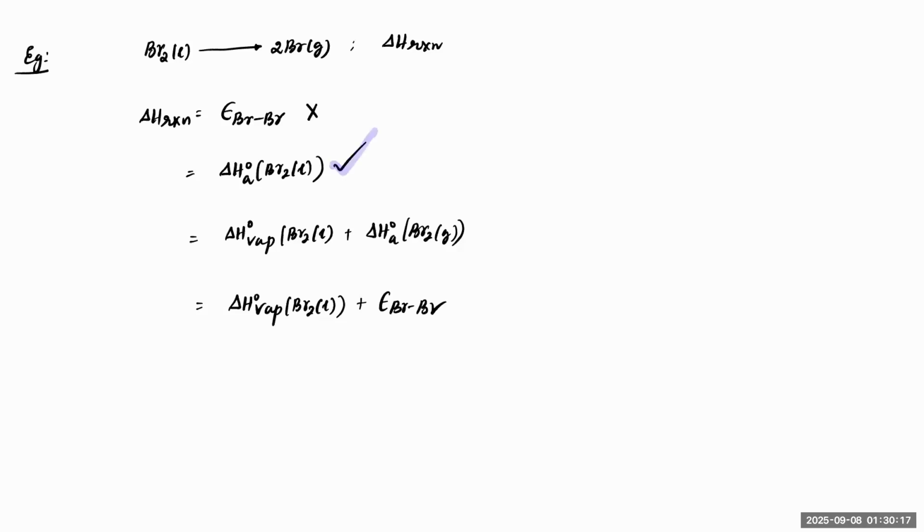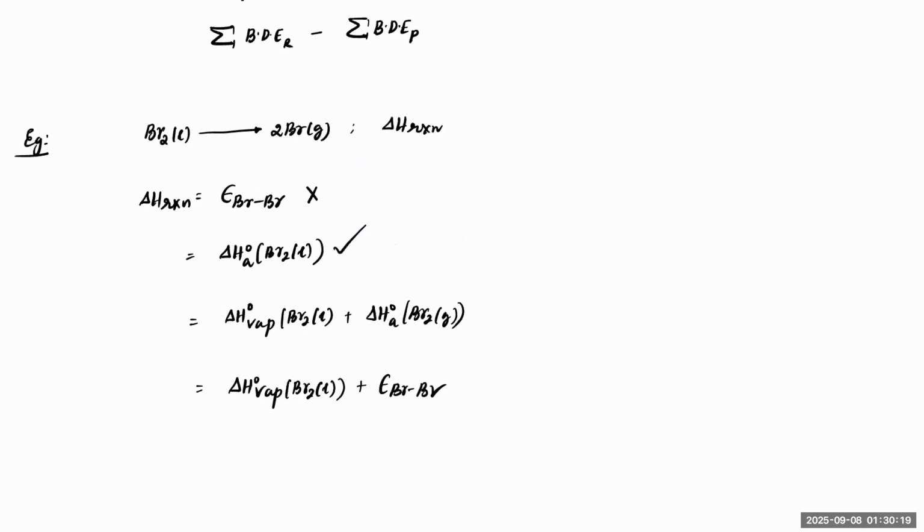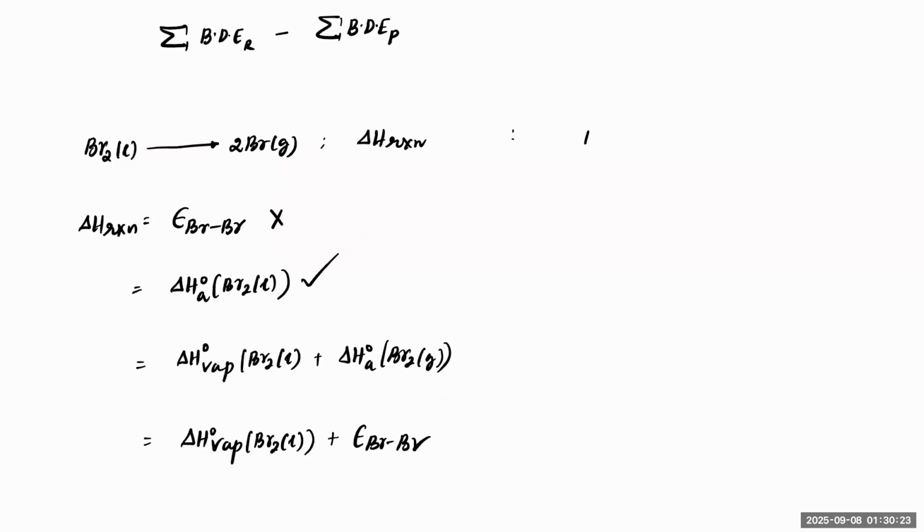Or I can do one more thing. The same reaction can be broken down into two things. One is Br2 liquid first converting into Br2 gas, and then Br2 gas is finally converting into 2Br gas. Obviously, here the energy required, because liquid to gas, is called delta H of vaporization.